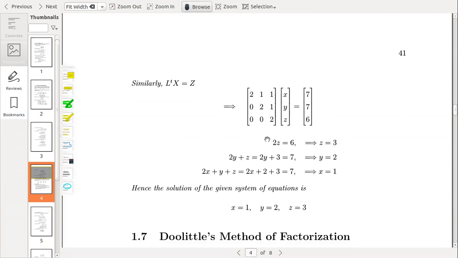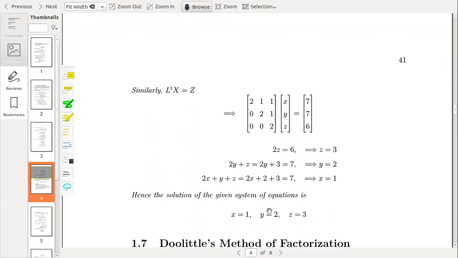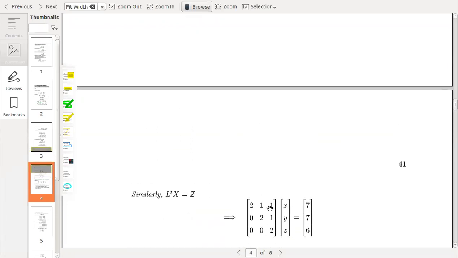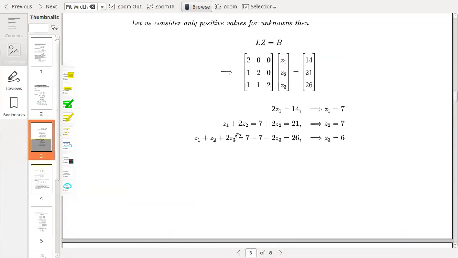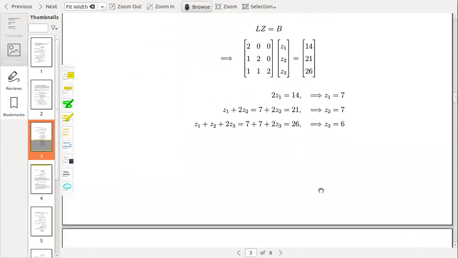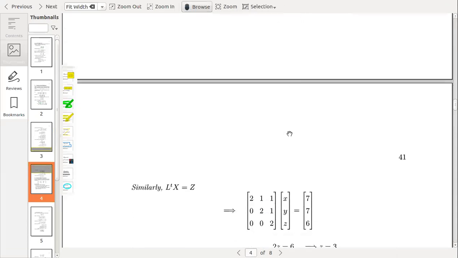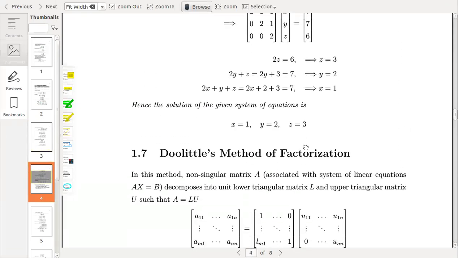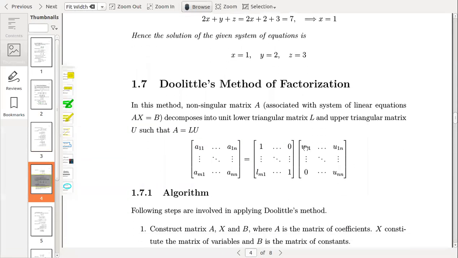Then multiply these two and you will get the unknown values, and ultimately you will get the solution. So the advantage of this method is that you have to determine fewer unknown values as compared to Crout's method. And if we make sure that the given matrix is positive definite, you will get the solution 100%, I guess.